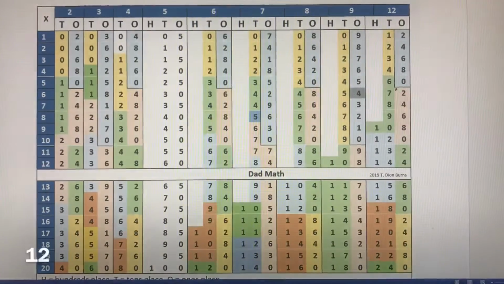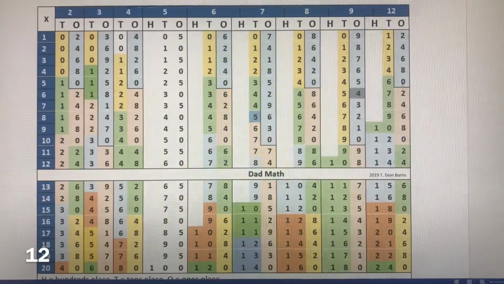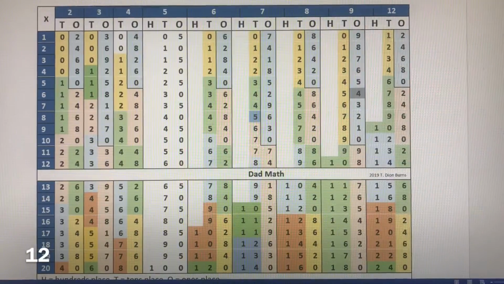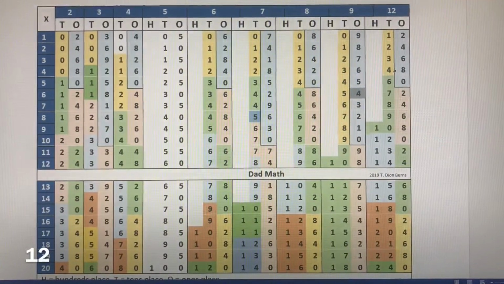Okay, and 12 is the same thing. 2, 4, 6, 8, 0, just like 2, 4, 6, 8, 0, except we have a 10 added to the 2, so there's going to be some 10s in there. So it starts with a tens place. So if I ask you what is 12 times 1, the answer is 12.